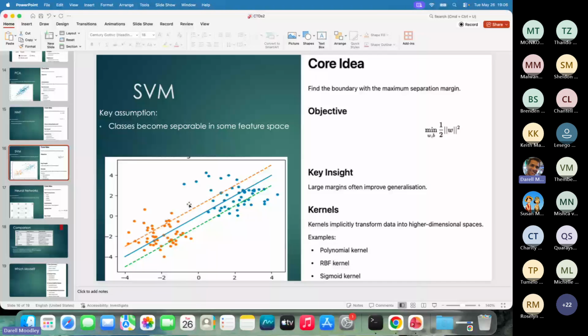So that's what we mean by maximizing the separation margin, right? The points on this line are what is considered the support vectors. And that's the whole objective of support vectors. They're very good for classification, right, when you're trying to separate two classes.